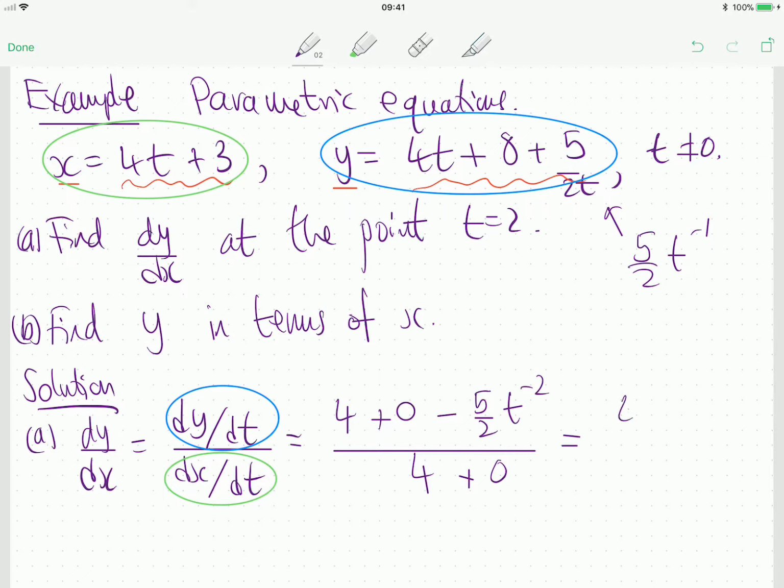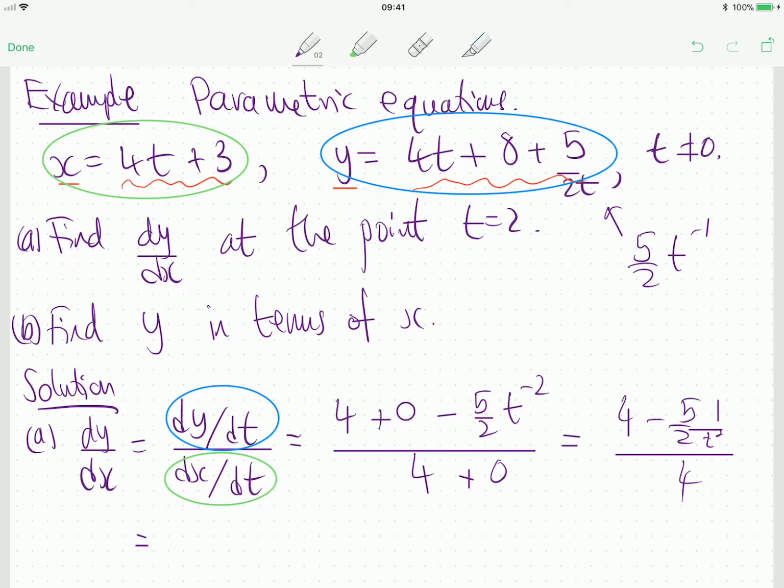The top is 4 take away 5 over 2, and I'll put the t back underneath, 1 over t squared, all divided by 4. We could simplify more, but we don't need to at this stage.